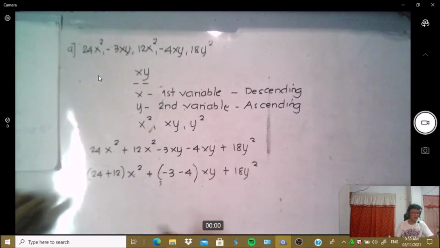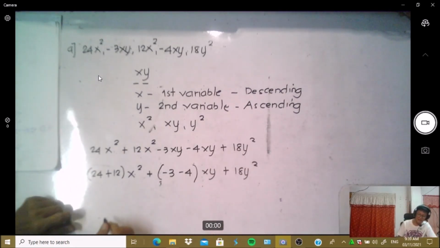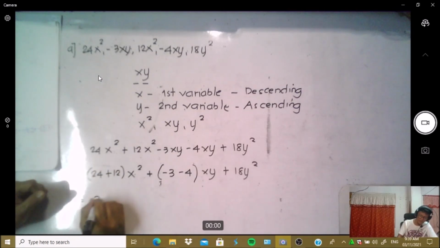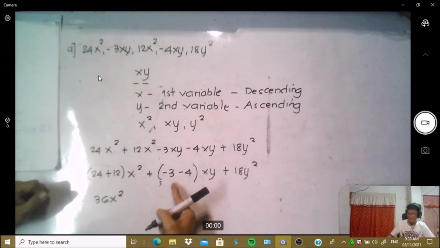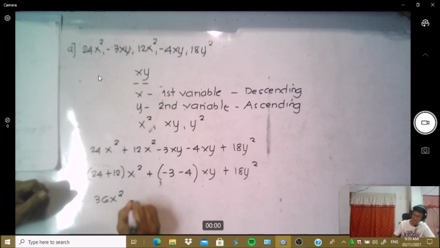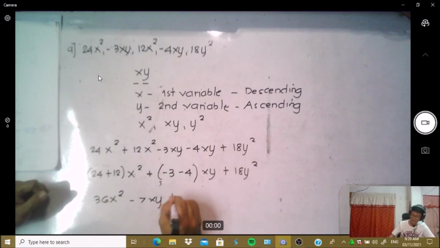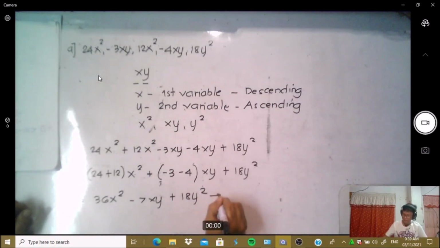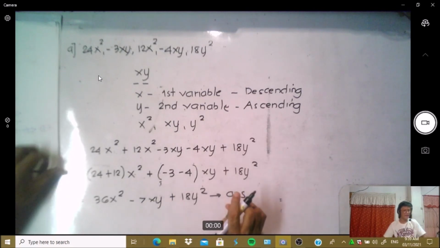So 24 plus 12 is 36, so we have 36x squared. Then we are going to add numbers with the same sign. This is negative, so that will be negative 7xy, then plus 18y squared. And therefore, that is our final answer for number 9.